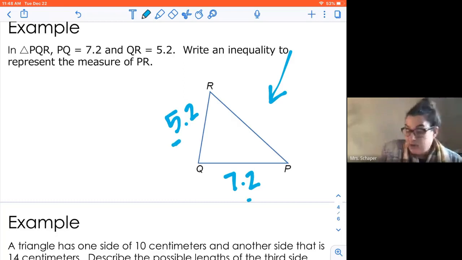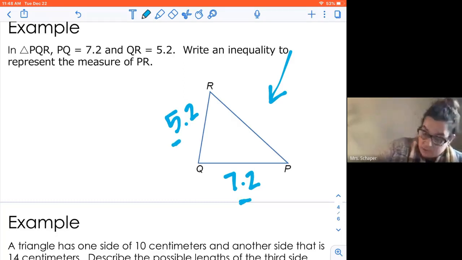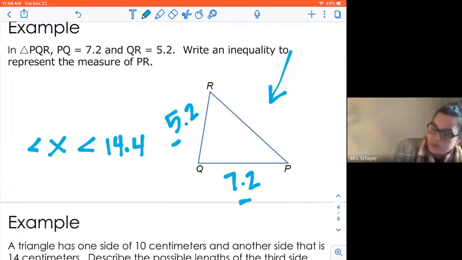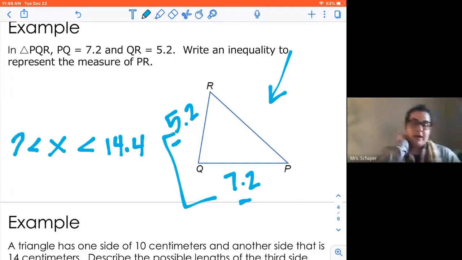So 5.2 and 7.2, that's 14.4. So we know that it has to be less than that, but it also has to be more than the difference of these two. So it's got to be greater than 2, but less than 14.4.